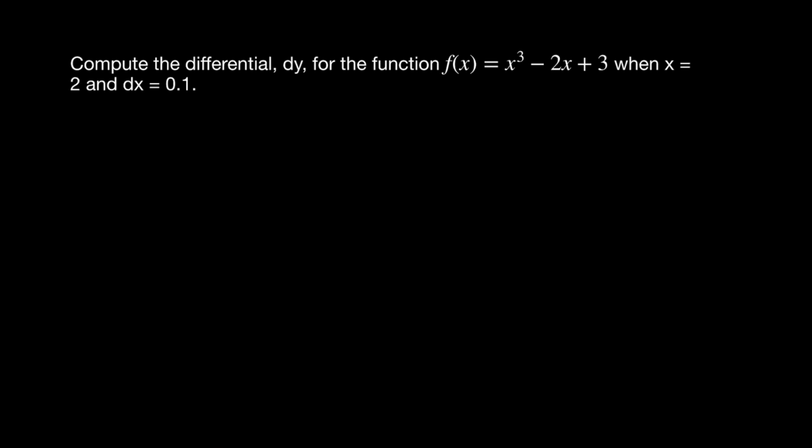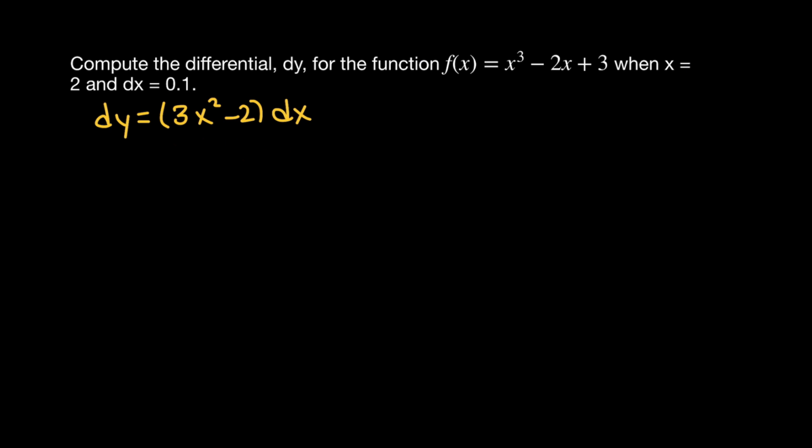All right, let's modify this problem a little bit. We'll compute our differential, but let's compute our differential when x is 2 and dx is 0.1. And then I actually want to compare that differential dy with delta y to get a sense of what this differential is telling us. So we just computed our differential dy is our derivative times dx.